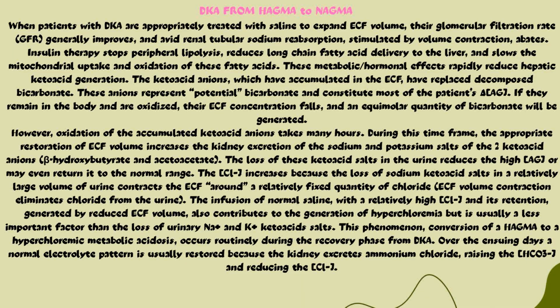The main physiology behind the conversion from HAGMA to NAGMA is better renal perfusion resulting in renal excretion of the acidic components, hydroxybutyrate and acetoacetate. Thereby the acid components get excreted and you have a hyperchloremic NAGMA that develops, which initially was a HAGMA.